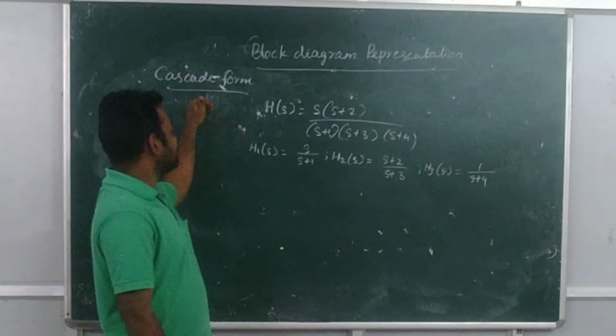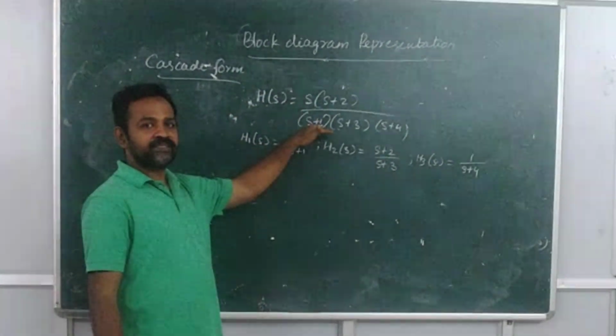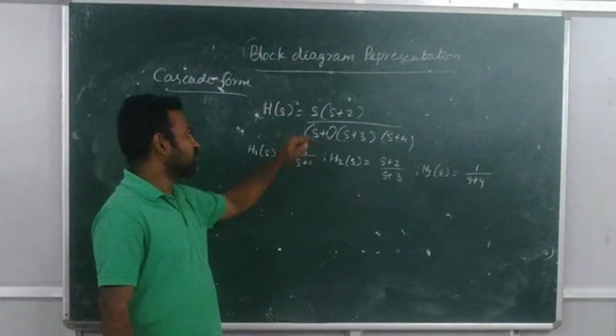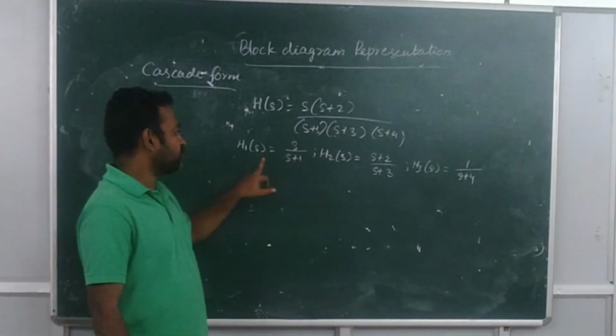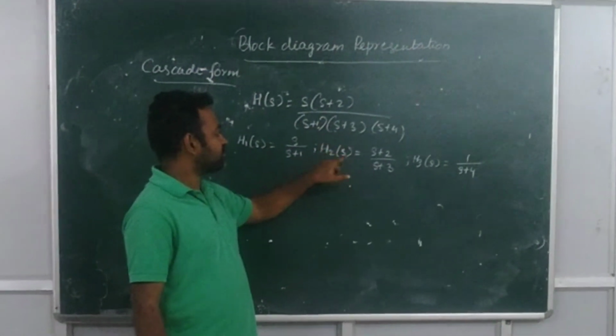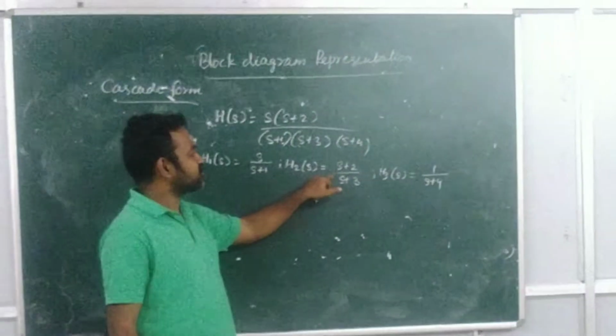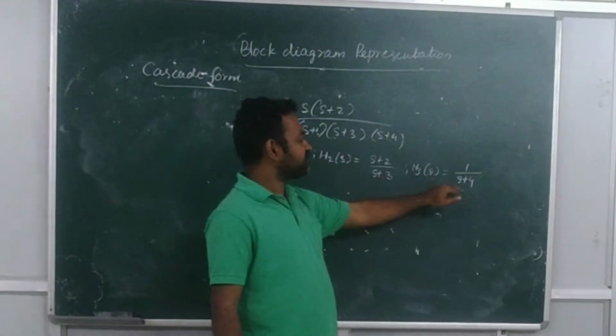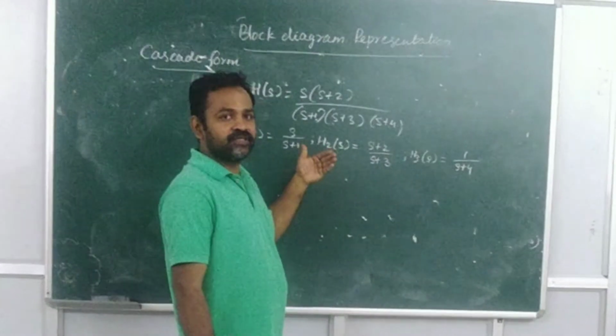In the cascade realization, we are going to divide this into 3 subsystems. This s by s plus 1 we are considering as h1 of s, and s plus 2 by s plus 3 we are considering the second system. Then 1 by s plus 4 we are considering as a third system.